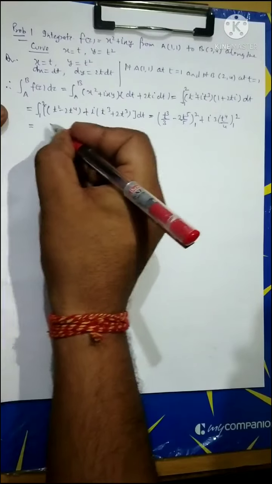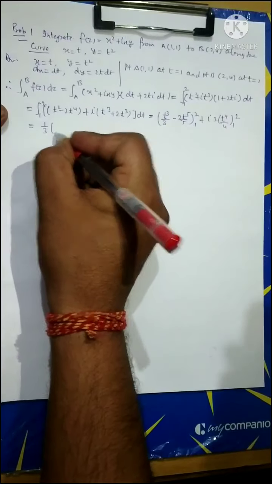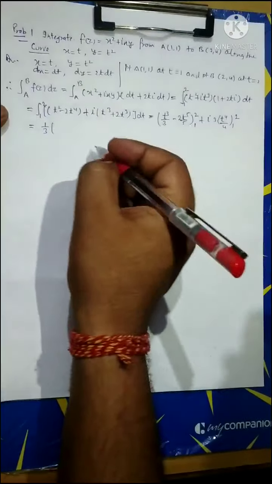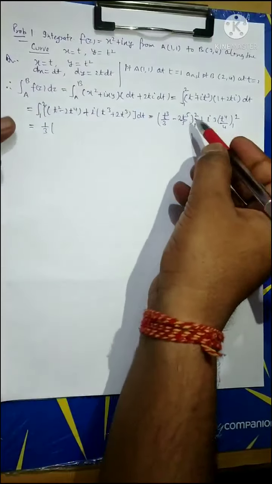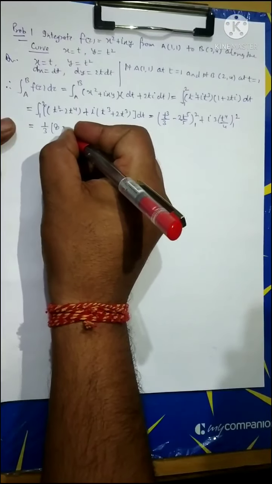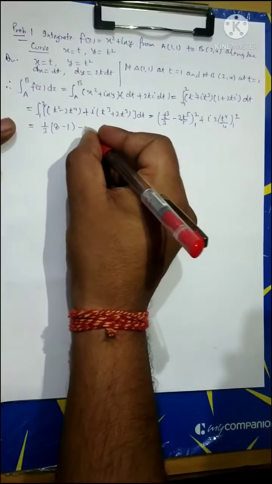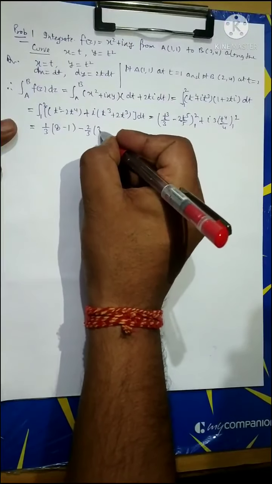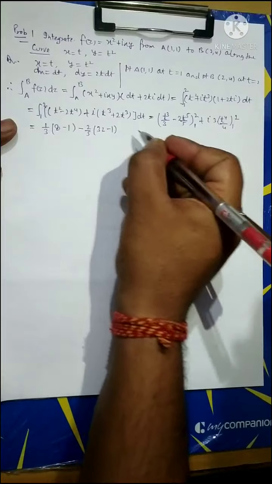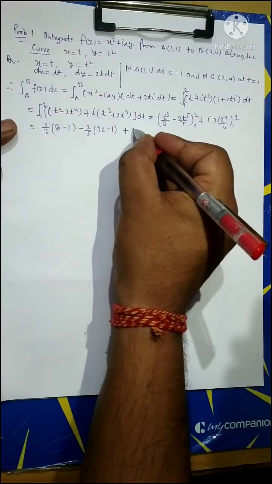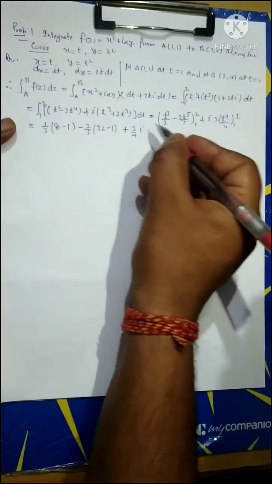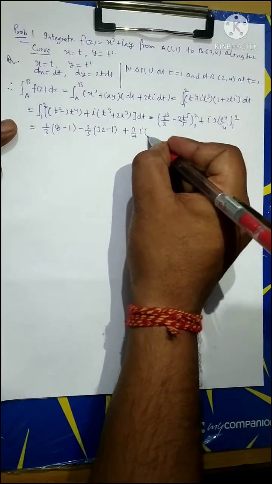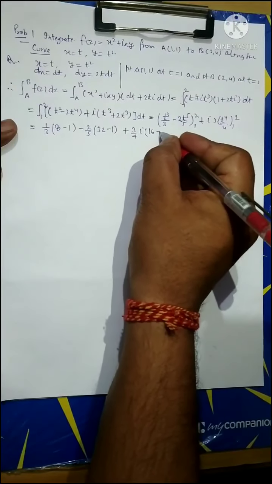Now putting the limits: 1/3 (2³ = 8, minus 1), minus 2/5 (2⁵ = 32, minus 1), plus 3/4 i (2⁴ = 16, minus 1).